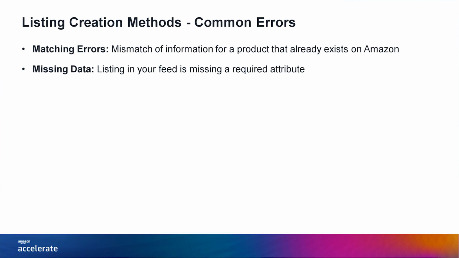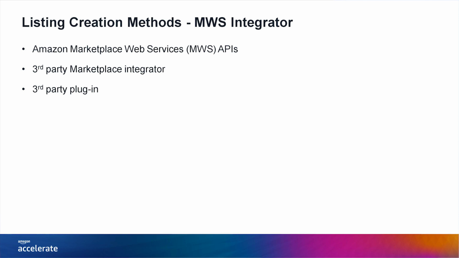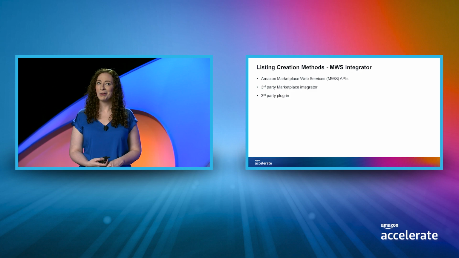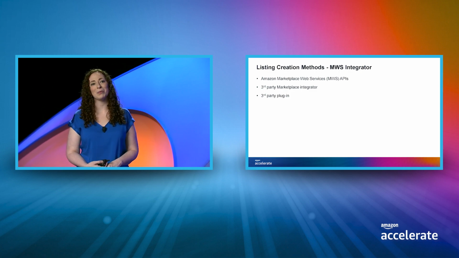If you find that you have a large number of listings or orders, you may want to implement some type of automation. If you have developer resources available, Amazon Marketplace has application program interfaces, or APIs, available to automate product creation and updates, order processing, reports, and more.